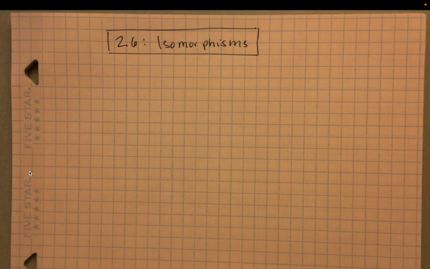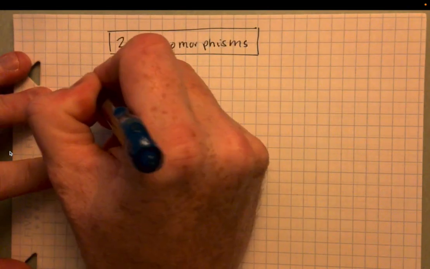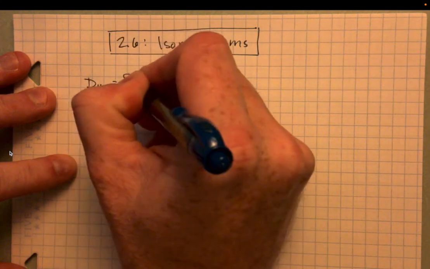Now we have actually seen this concept at work already. We have a couple of examples. Most recently, we were looking at permutation groups, and specifically we had an example where we pulled out D4, the dihedral group.